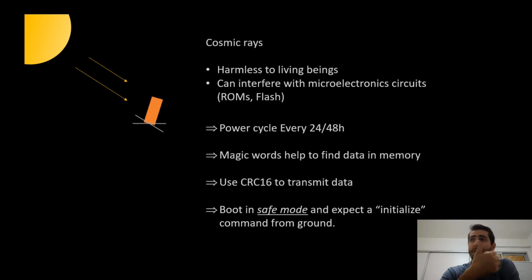They can flip the state of a transistor or change the charge in a capacitor, which is very problematic not in combinational circuits, but in sequential circuits, and more specifically in memories, such as ROMs and flash memory, where the data is stored in a non-volatile way and you expect it not to change over time, but somehow that data will change because of cosmic rays.